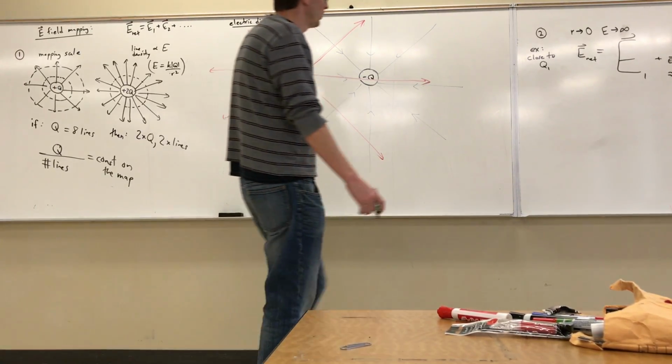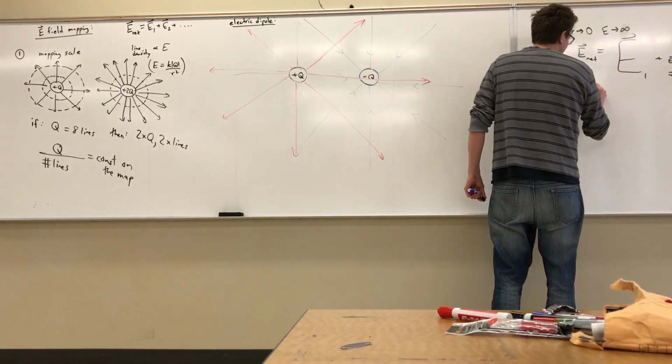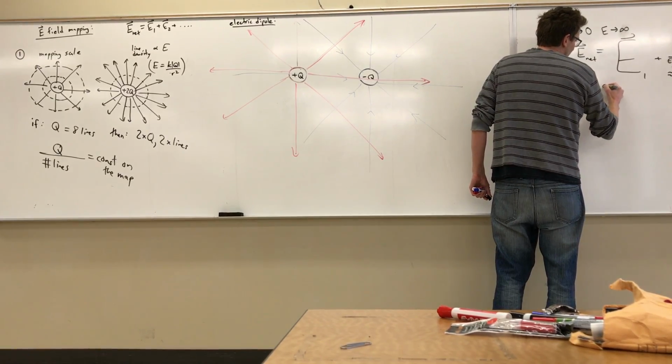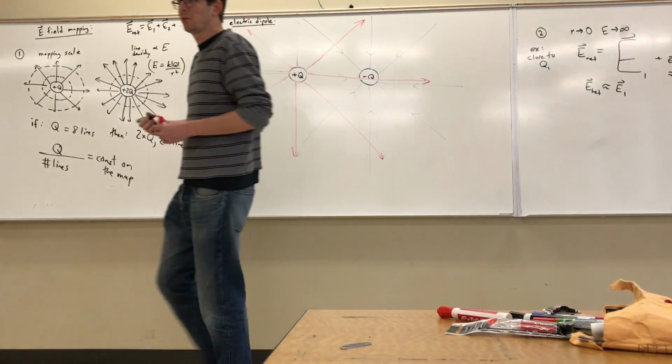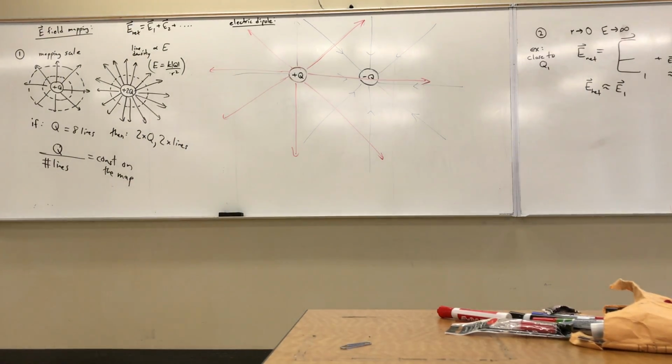So what does it tell me is that E net becomes basically indistinguishable from E1 when you're really close to charge 1. So that's also something helpful that you can do, is know that your net field is not going to deviate very much from the field of that single charge when you're really up in the face of that single charge.